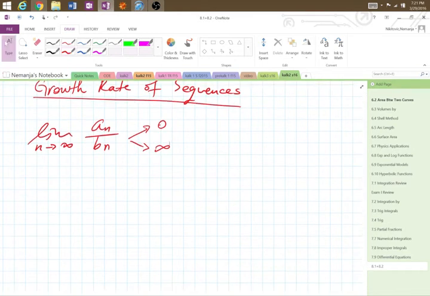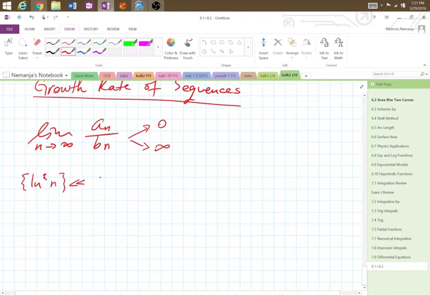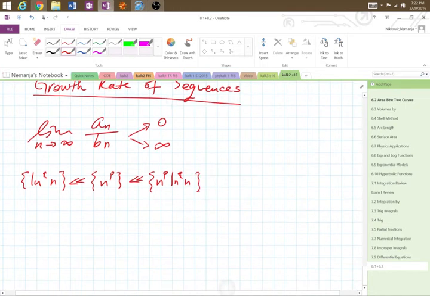Right now we are looking into that the sequence ln raised to any exponent is going to be smaller than any polynomial, which is smaller than any polynomial times any ln, which is smaller than the multiplication of any two polynomials, which we know that we can just write as the addition of exponents, which is smaller than any type of exponential.